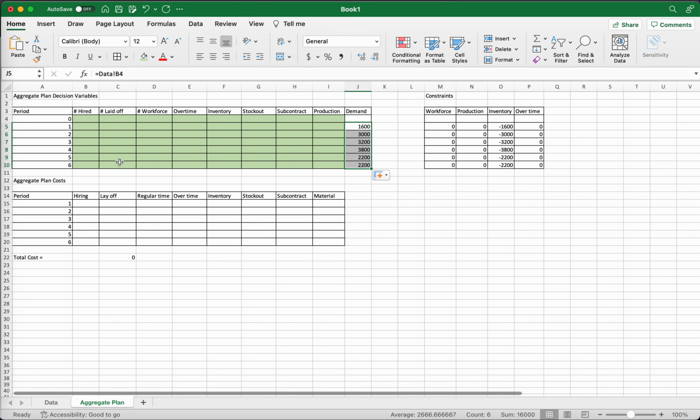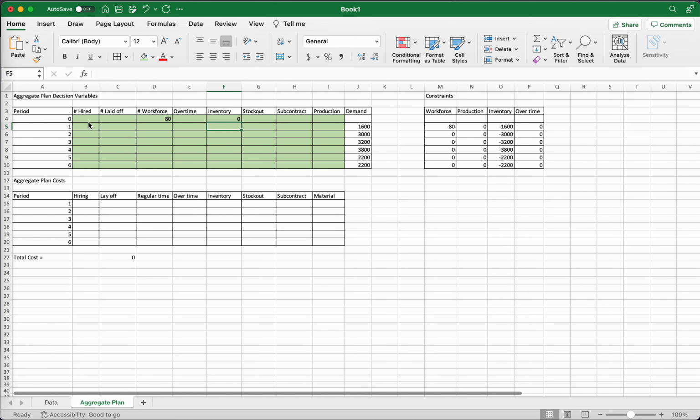Now, there is also a period 0 here, just to keep an idea of what we start with and all of that. So that's something to keep in mind. We are starting with a workforce of 80 people. Let's assume that we are starting with no inventory on hand. All inventory is being manufactured.